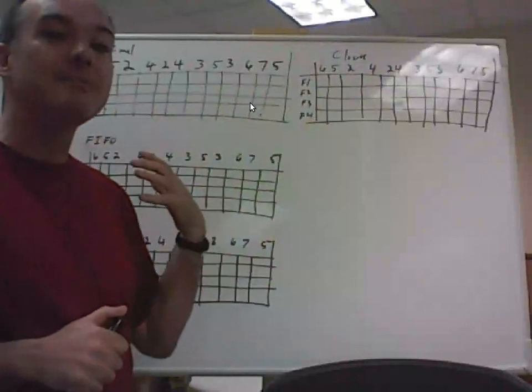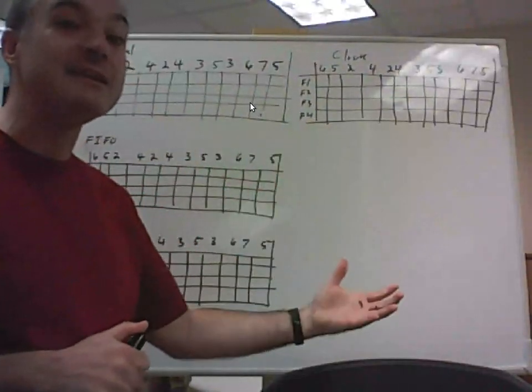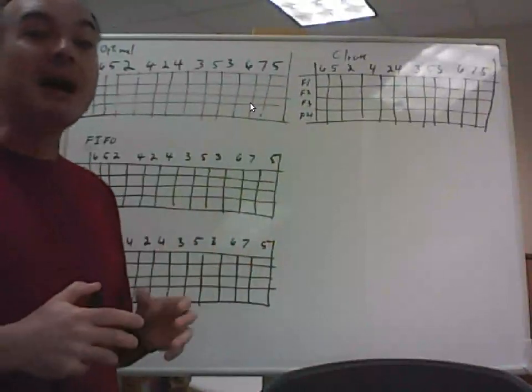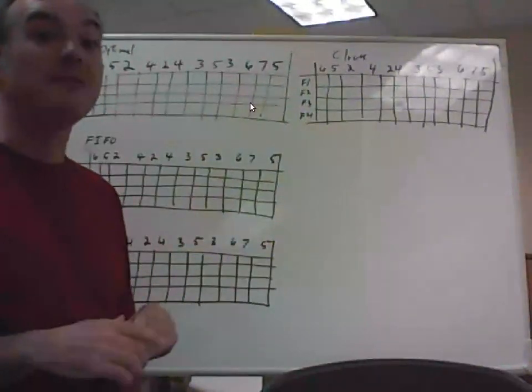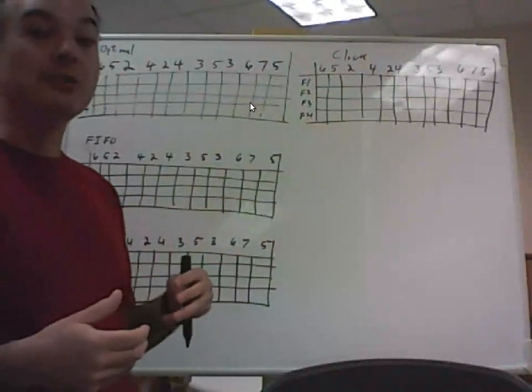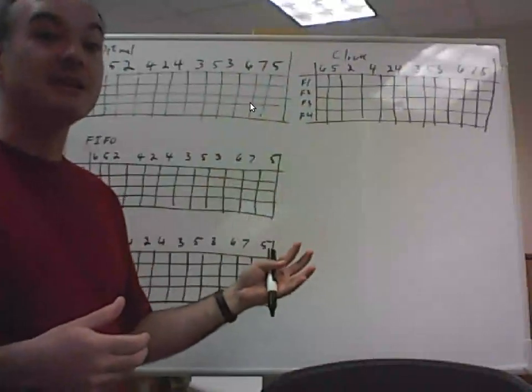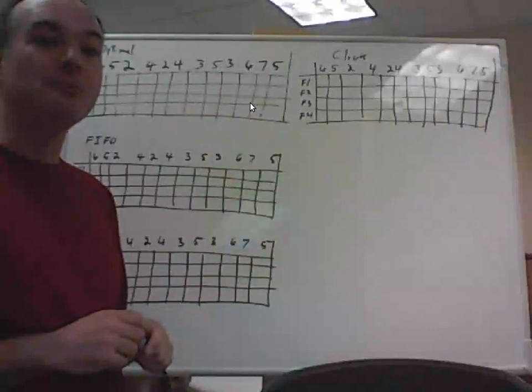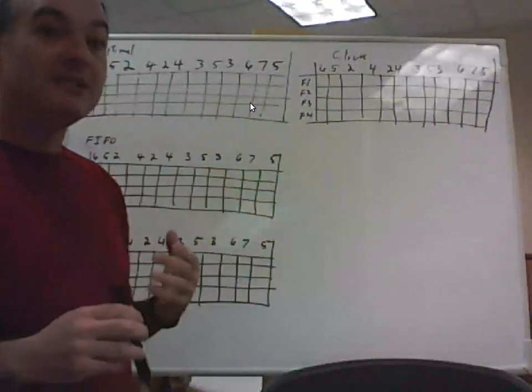So we want to maximize the number of what are known as hits, page reference hits, and we want to minimize the number of misses, the number of page faults that occur that require us to make a replacement decision and select a page to be removed so we can load a new page.